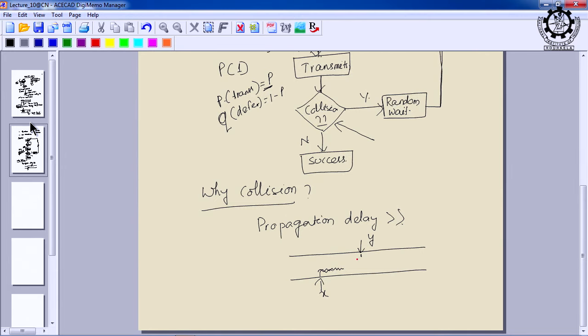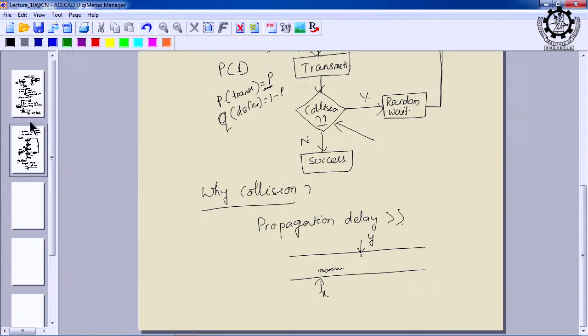X has started transmission, but the propagation of the signal is so slow that it has not yet reached the area of Y. So, when Y senses the channel, it finds that it is idle. So, what does it do? It transmits its own frame, and when the two meet, there is a collision here.